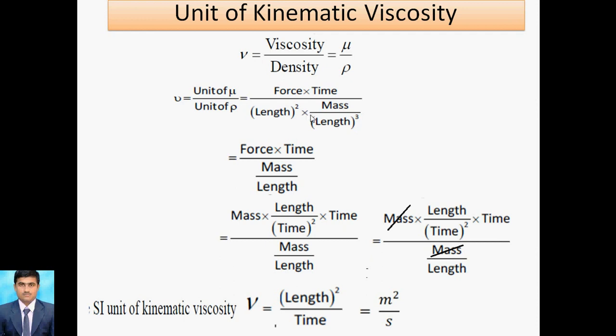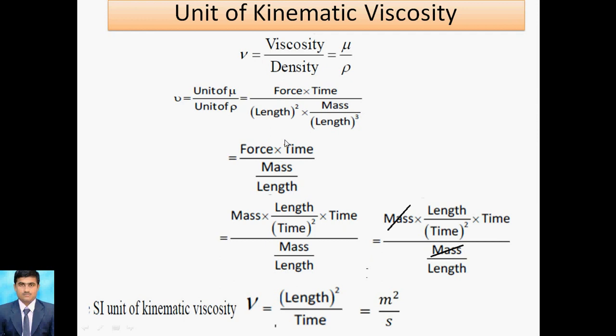Newton second per meter square. Newton means force, so I write force, then second means time, divided by meter square, so I write length square, into rho, which means mass upon volume, so mass divided by volume is there, and volume is nothing but length cube.